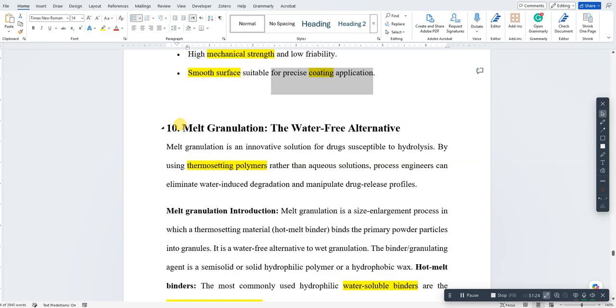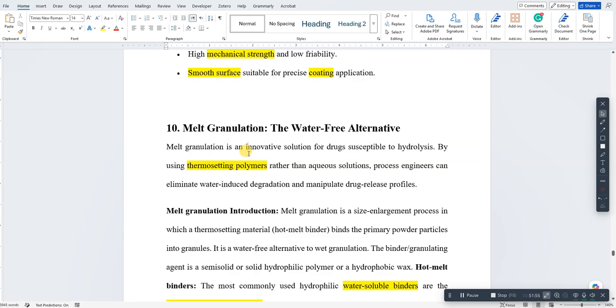The last type of granulation, after we talked about wet and dry granulation, can also happen by melt granulation, where we do not add any liquid. So it's suitable for drugs susceptible to hydrolysis. But it should withstand temperature, because the temperature can increase to 60 to 90 degrees Celsius.